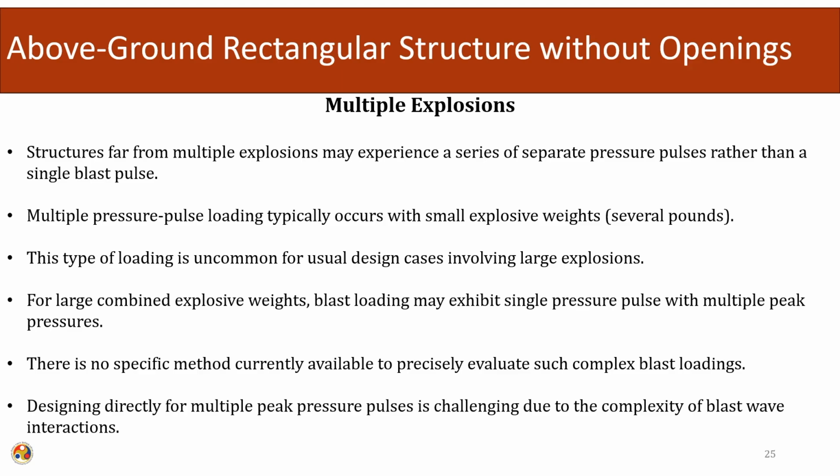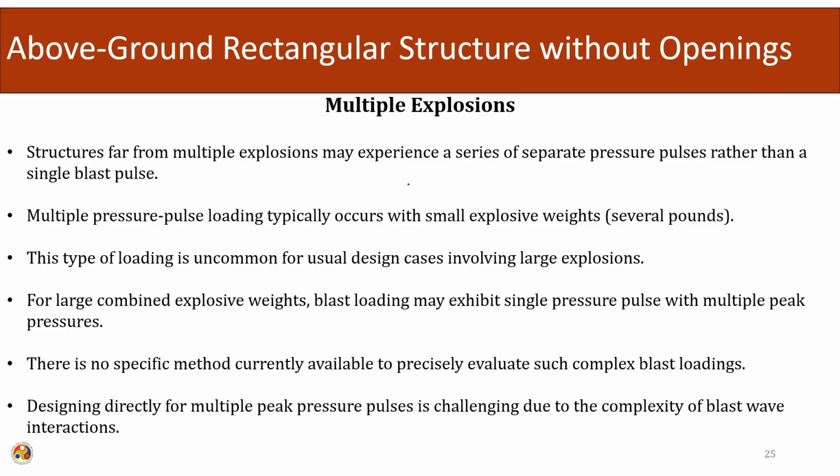So, step by step we are building our case, so that we can put the pressure loading and change it to a force and then design the respective structural components. So, during a multiple explosion, what happens? The structure far from multiple explosions may experience a series of separate pulses rather than a single blast pulse.